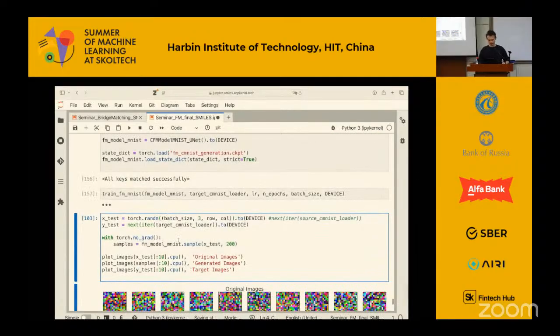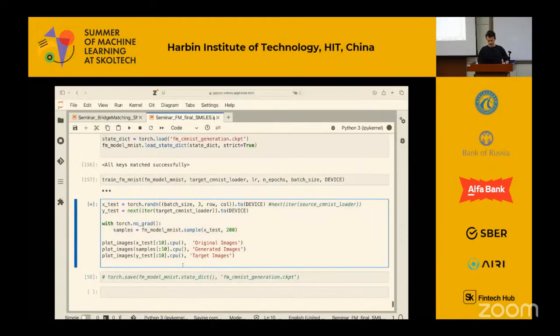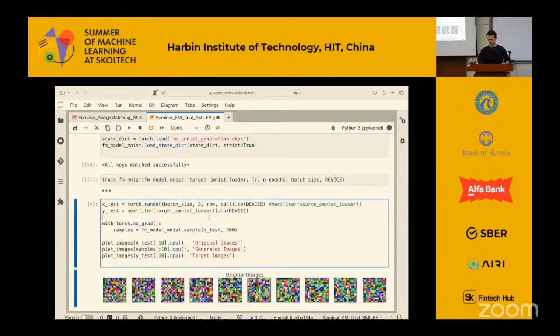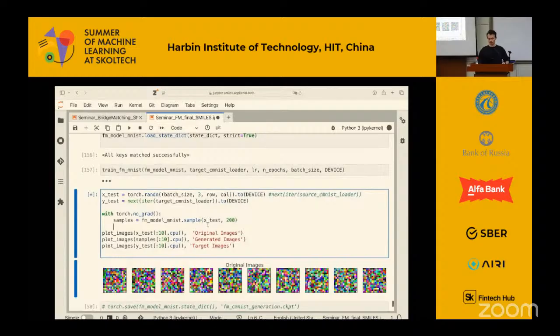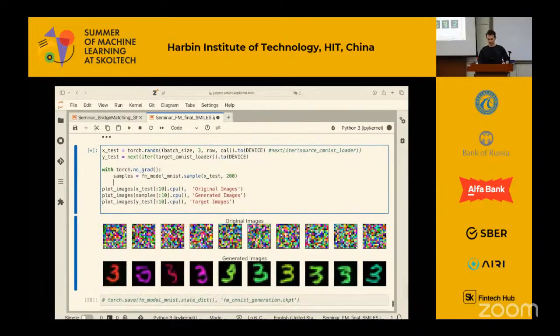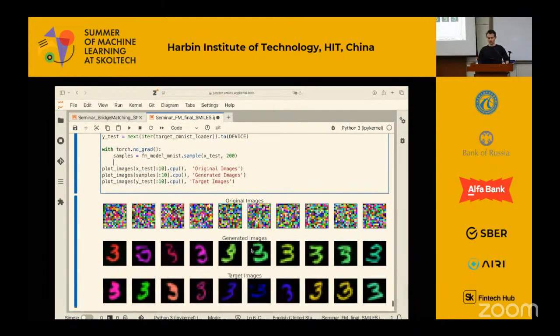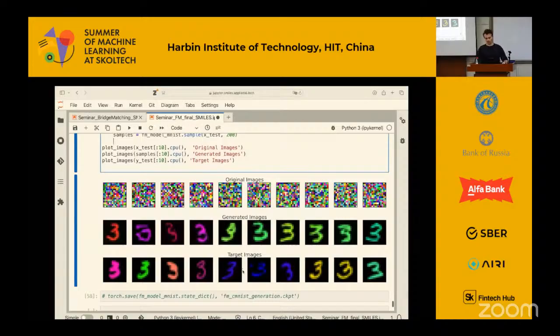Let's take a look at some samples from the already trained model. Again, we start from the noise distribution and end at the colored digits distribution. So this is what we started from, this is what we learned, and this is the target. As you can see, the learned digits are relatively close to the ground truth ones. They have some artifacts, like this strange thing, which looks more like a 9, not a 3.